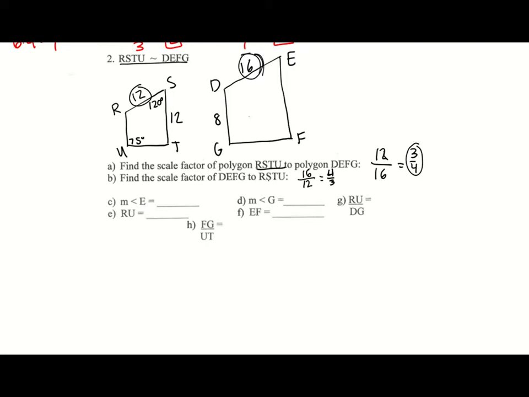So this is saying that RSTU is 3/4 as big as DEFG, or DEFG is 4/3 as big as RSTU. Okay, so now if I'm looking for C, measure of angle E, I know that S right here is 120, and S and E are similar, so that means E is also 120. Same thing with G. I can find G easily because I know U is 75.